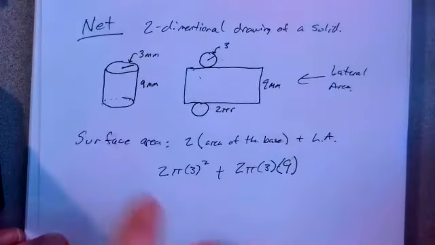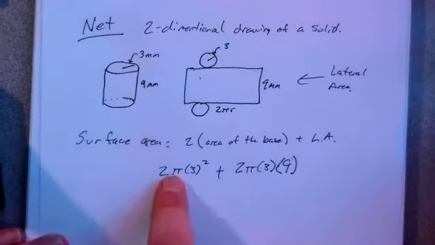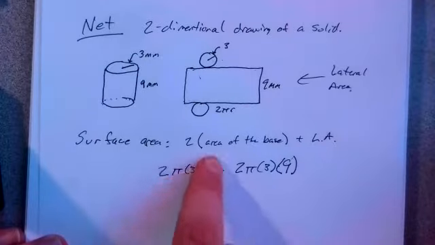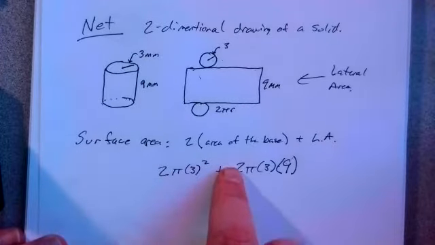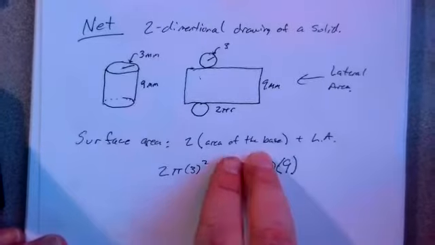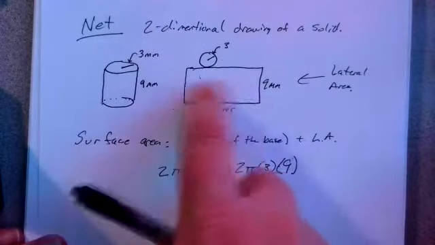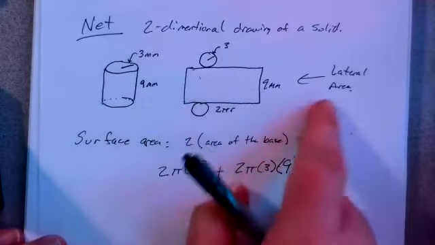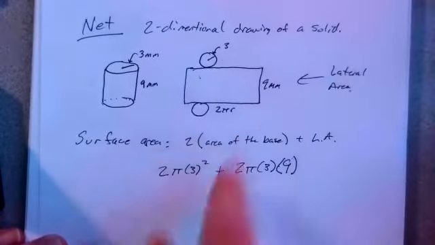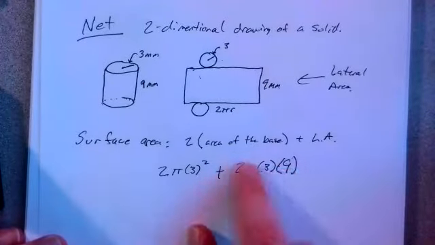So my total surface area is 2 times the area of the base plus length times width of the rectangle in between. The length and width of the rectangle in the middle is called the lateral area. This is my lateral area.